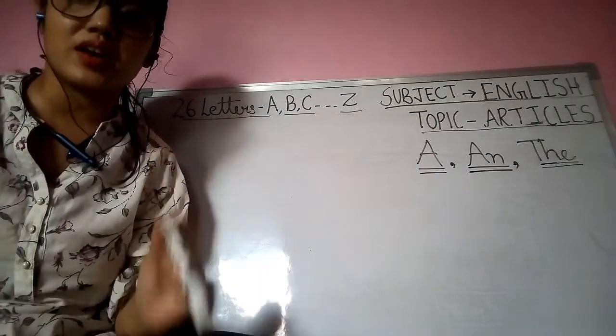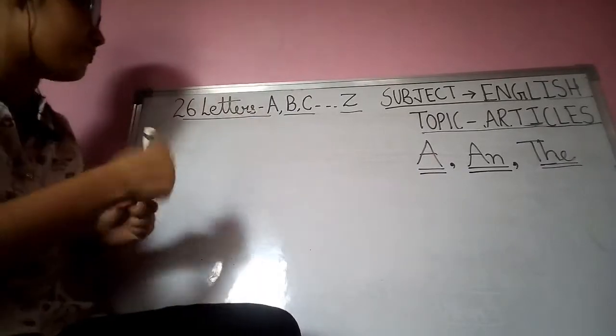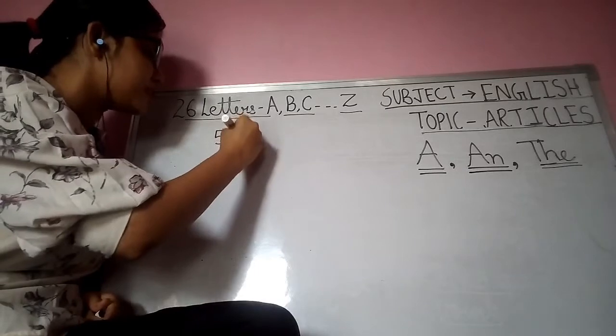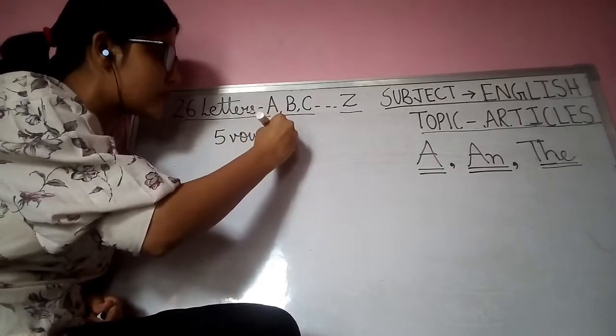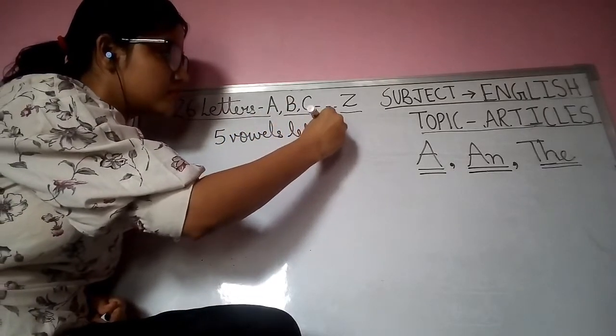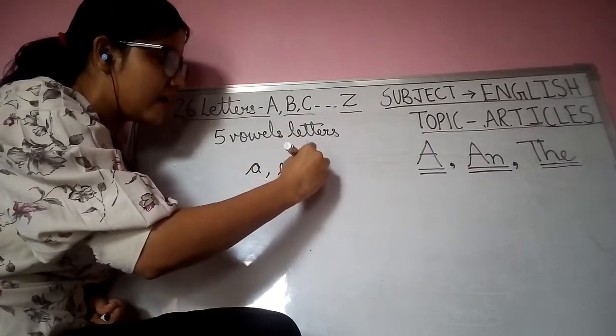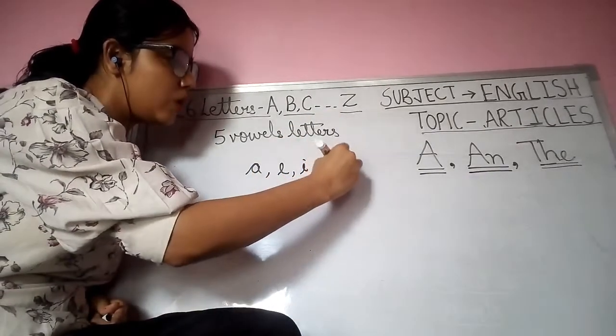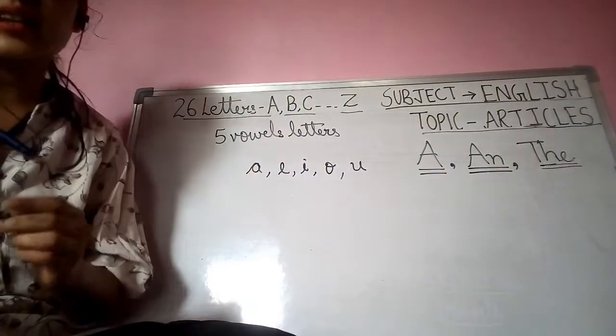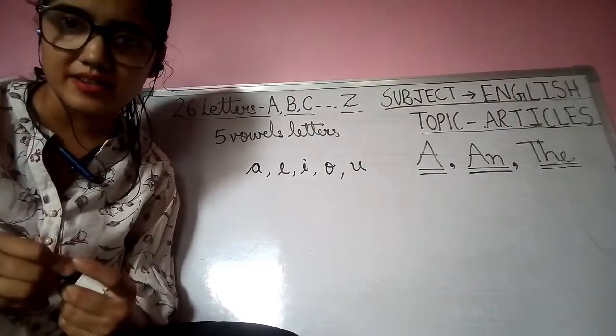Out of these 26 letters, we have 5 vowel sound letters. What are the vowel sound letters? They are A, E, I, O and U. These are the vowel letters.